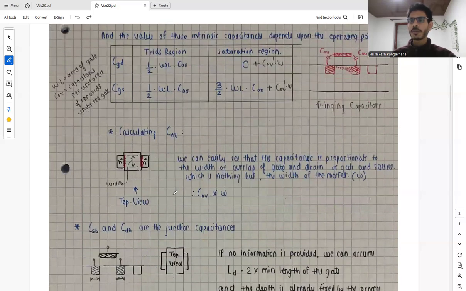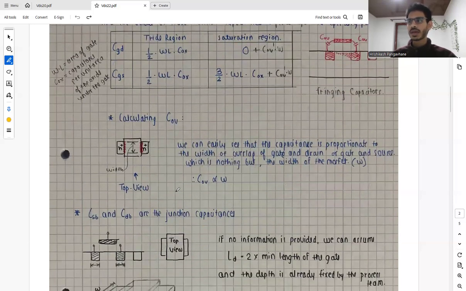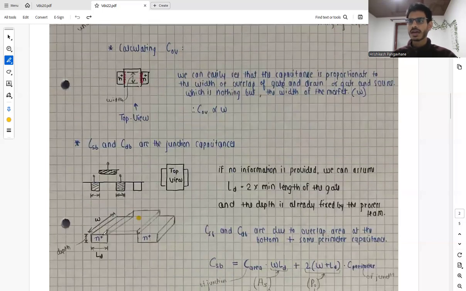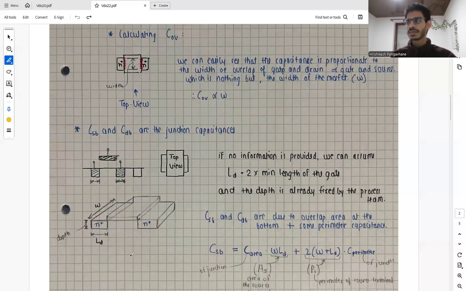Now CSB and CDB are the junction capacitances. We have a 3D view where this is the length of the drain, this is the width of the MOSFET, and we have a depth. If no information is provided, we can assume LD equals 2 times the minimum length of the gate, and the depth is already fixed by the process team. CSB and CDB are due to the overlap area at the bottom plus some parametric capacitances.